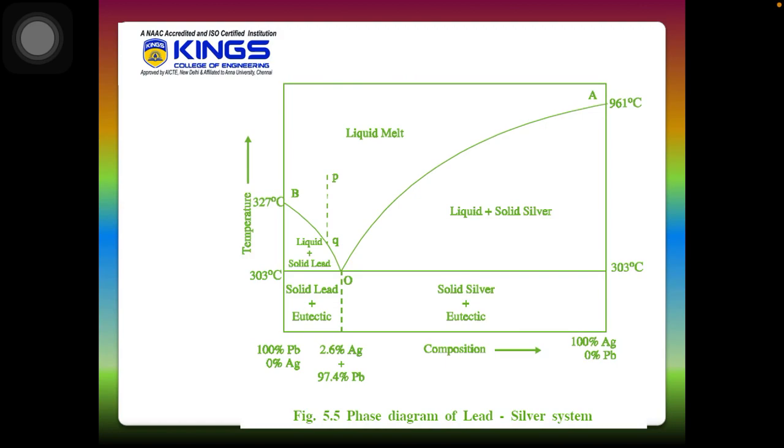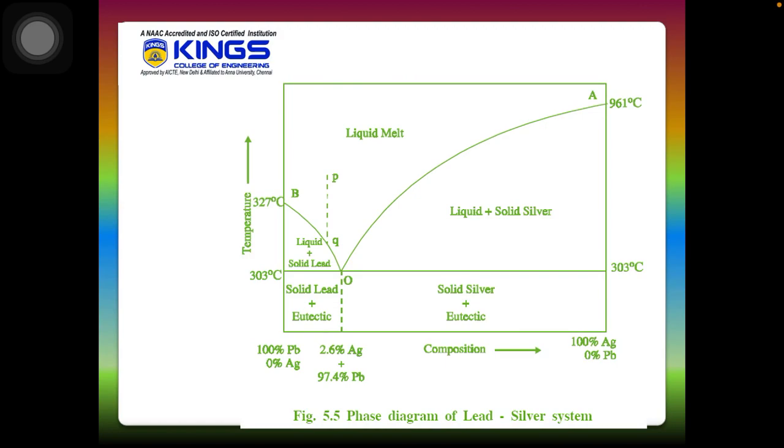At the curve AO, solid silver plus liquid are in equilibrium. According to the reduced phase rule, the degrees of freedom is equal to 1. The system is univariant.